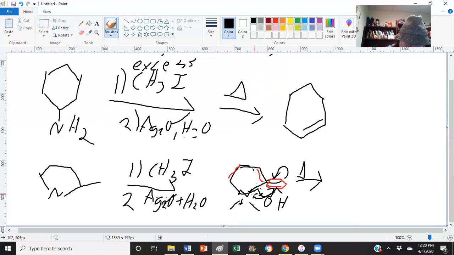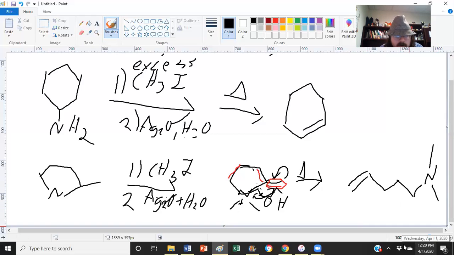So is it 1, 2, 3, 4, 5. 1, 2, 3, 4, 5. Then we ring open that. So that's just some of the crazy stuff you can do depending on how your nitrogens are set up and being used in there.